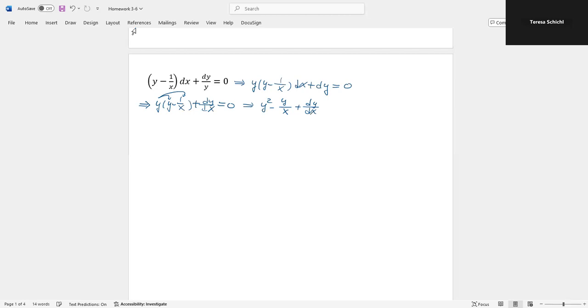This is where I spotted the opportunity to solve it. I put this one as dy/dx. Then the y over x, I put as 1 over x times y. Then the y squared, I move over as negative y squared.